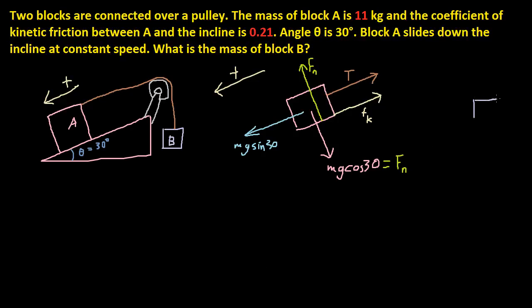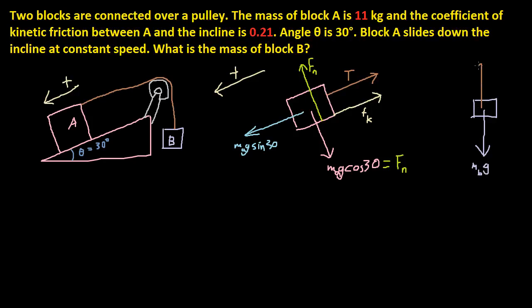Let's say this is mass of A, and this is mass of A as well. It's important that we distinguish this. And then we have this B body, and this is going to be mass of B times gravity, and it also has tension.